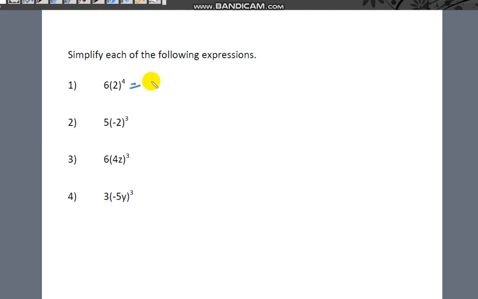So in other words, we're doing 6 times 2 times 2 times 2 times 2, right? You could multiply all across if you want. I'm just going to do 2 raised to the 4th power. So 2 times 2 times 2 times 2 is 16. So 6 times 16, and that is 96.